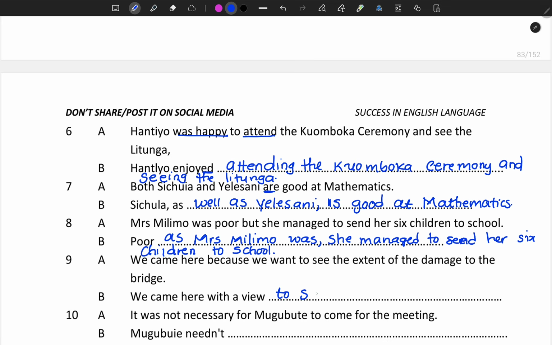We can say to see the extent of the damage to the bridge. Or if we want, we can say we came here with a view to seeing the extent of the damage to the bridge. That's still correct.